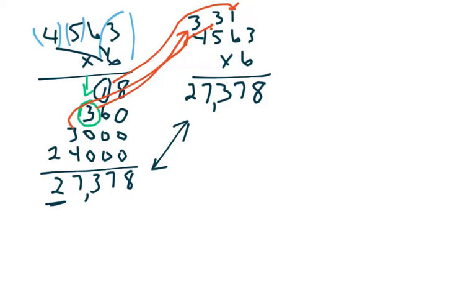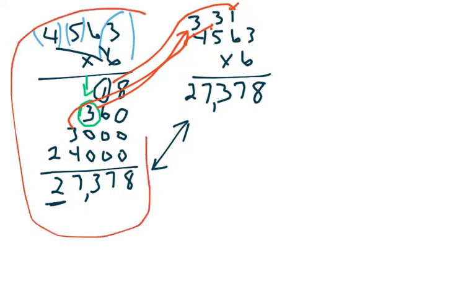So we did exactly the same as the first problem, except we just regrouped it into the appropriate place value. The 1 in the tens place, the 3 in the hundreds place, and the 3 again in the thousands place. When you add them up, you get the same answer.